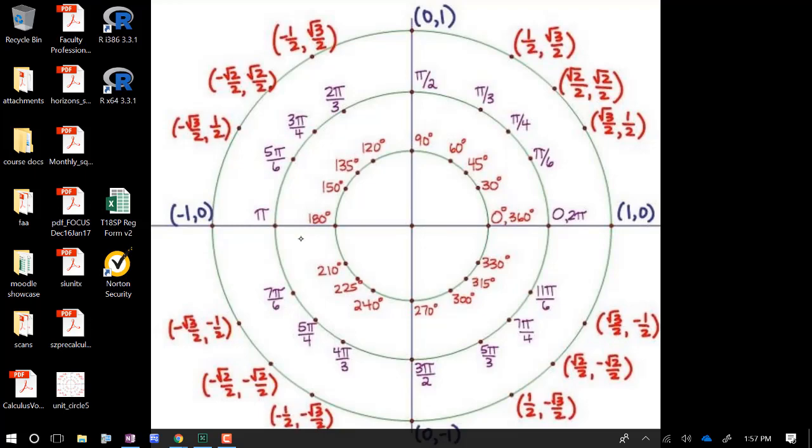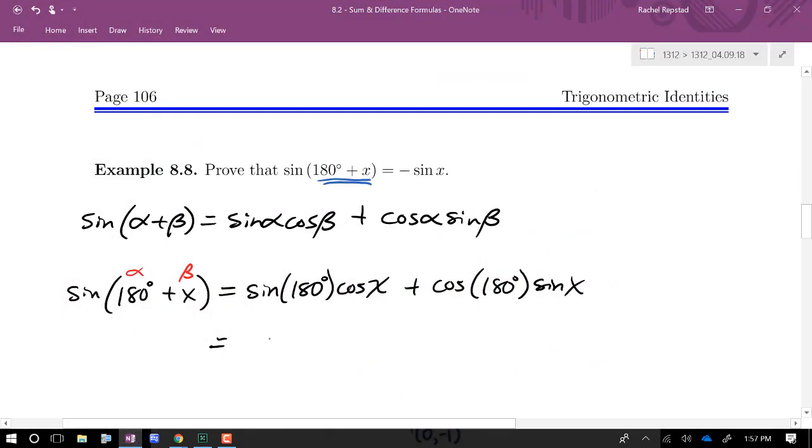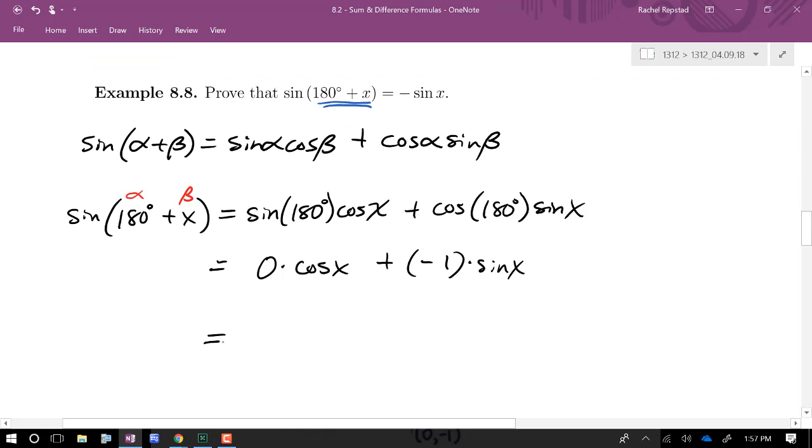And what is cosine of 180? -1, yeah. So sine of 180 is 0 times cosine x plus -1 times sine of x. And now we're pretty much done. We just get negative sine x as a result. As desired.